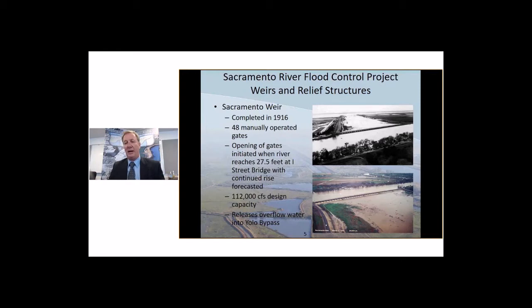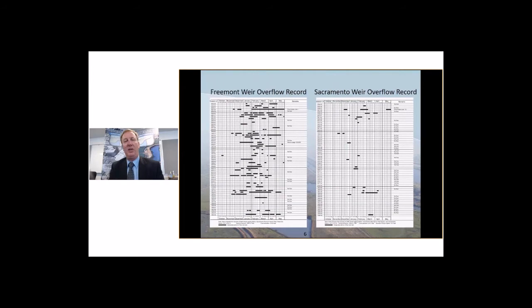One of the efforts right now, and we'll talk a little more about it, is the actual improvement of the Sacramento Weir, based on the supplemental funding provided under WRDA 16. Here's a view of how Fremont Weir and Sacramento Weir operate. This is a bit of the historical record. Fremont Weir is much more designed to flow than the Sacramento Weir.